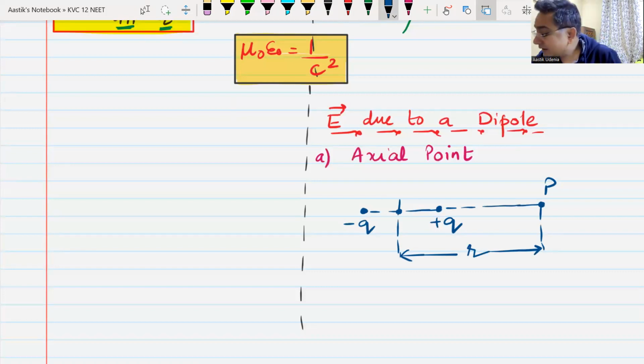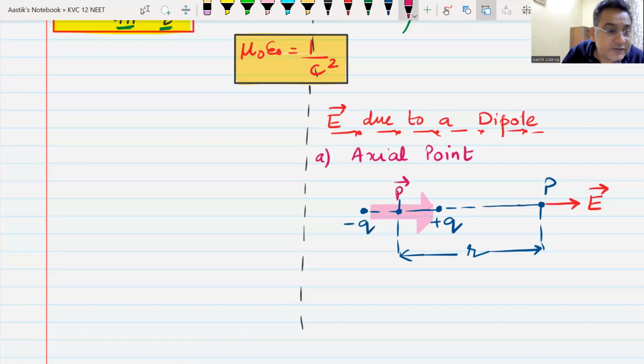The electric field was in this direction, the same direction as the dipole moment. The dipole moment is from negative charge towards the positive charge. Any one of you remember this?